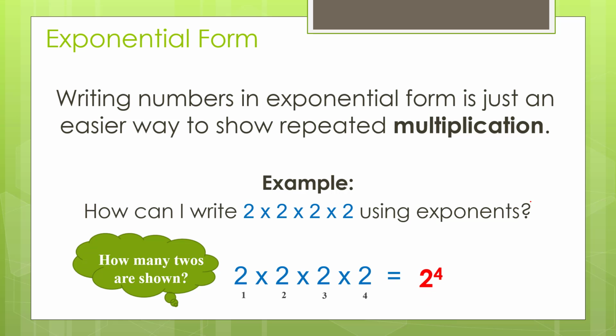There's 4 2's shown, so 2 to the 4th power. Now, we could definitely simplify 2 to the 4th power because we know what 2 times 2 is. 2 times 2 is 4, times 2 more is 8, times 2 more is 16. So we could simplify this a little bit further because our base is 2.